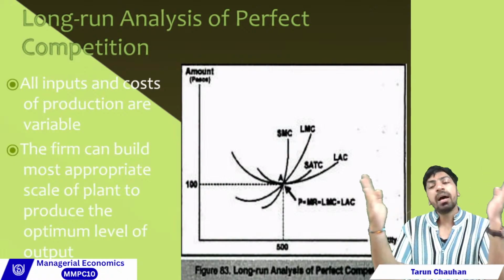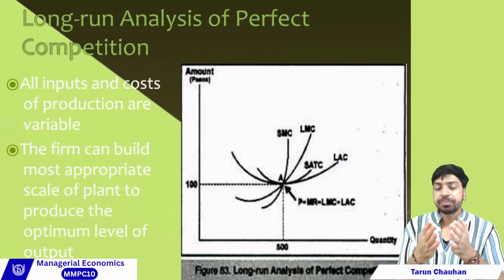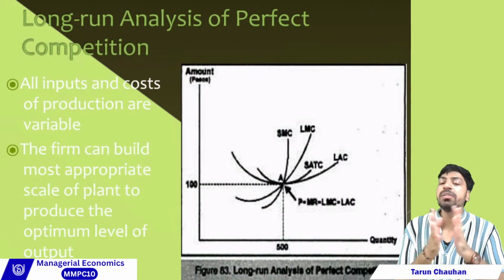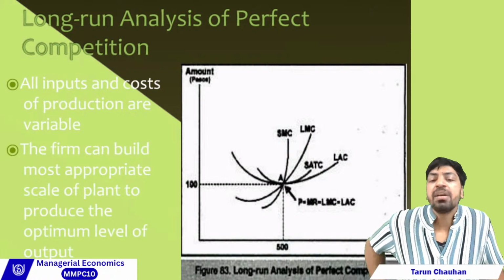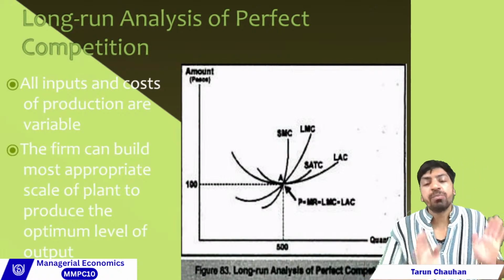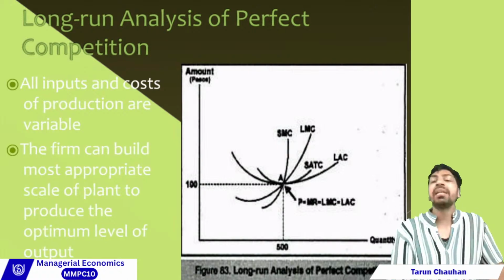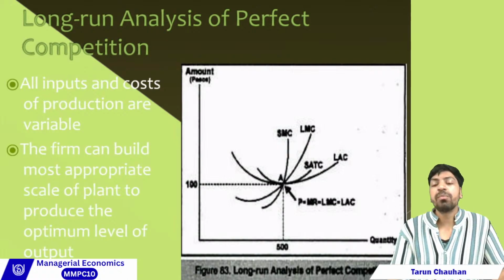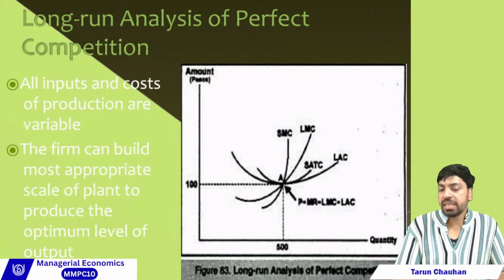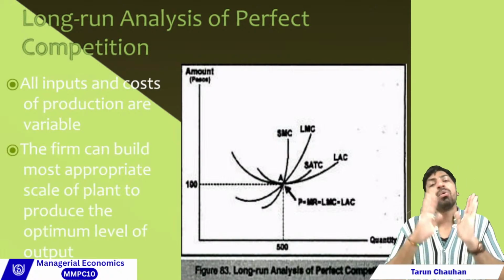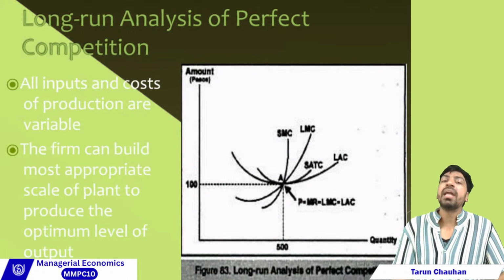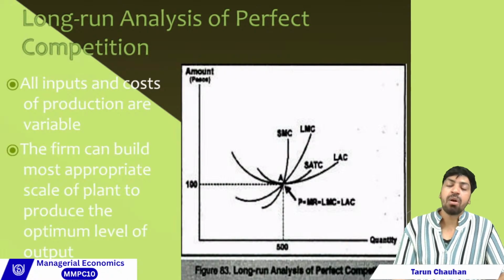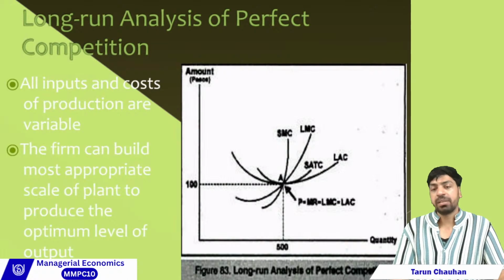The point where all cost curves intersect is called the equilibrium point, where the equilibrium price is assumed to be 100 and the equilibrium quantity is assumed to be 800 units of output. And this whole graphical representation is called the long run analysis of perfect competition, or the long run equilibrium under perfect competition.